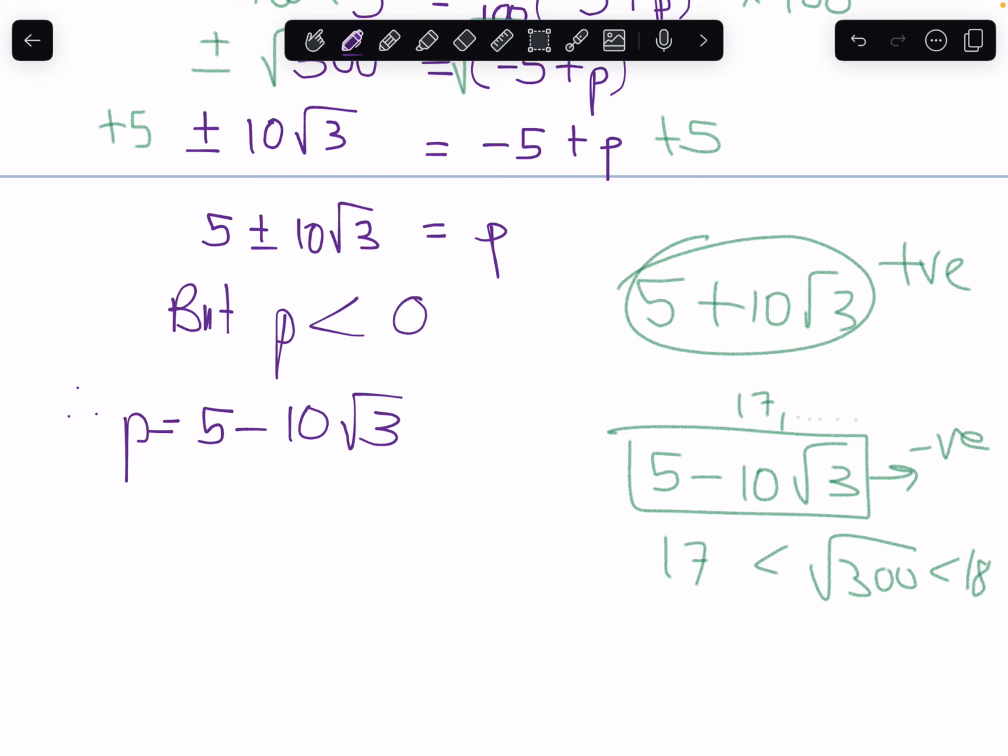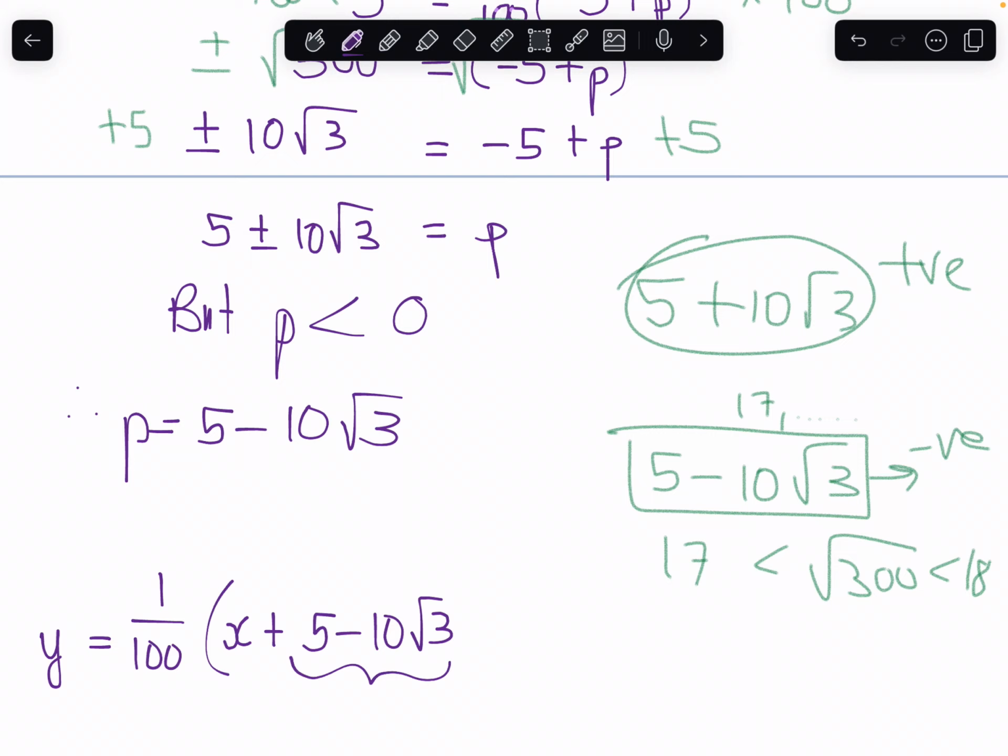Okay, righty. So we now have in full the equation of the new parabola: y is equal to 1/100 times (x + 5 - 10 root 3), squared. Remember that this is a negative number, so it's actually x minus something at the end of the day. And then we said that the graph has moved up by 2 units.